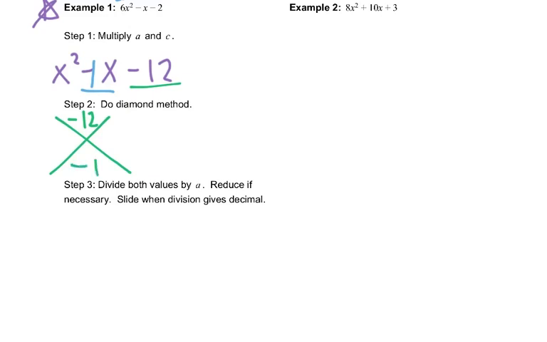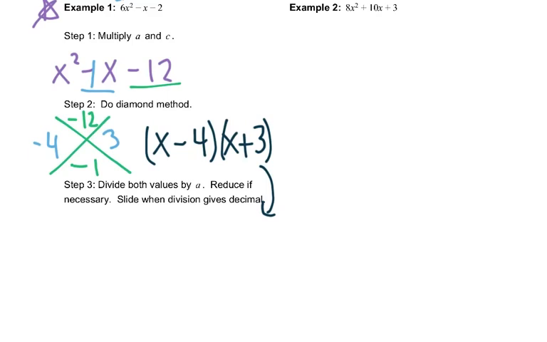And now we need two numbers that multiply to negative 12 and add to negative 1. So we think about it for a little bit, and it's going to be negative 4 and 3. Okay? So writing it in factor form, it's going to look like this. X minus 4, x plus 3.